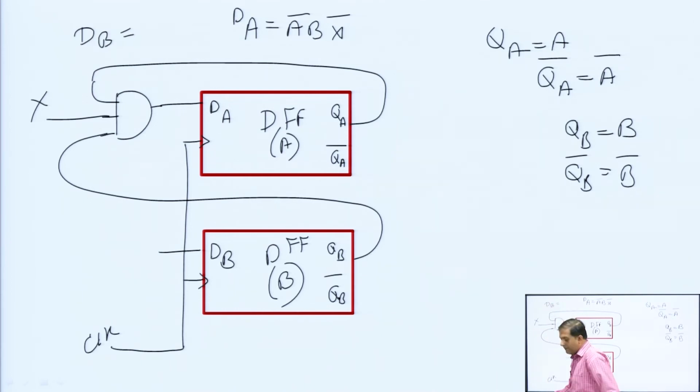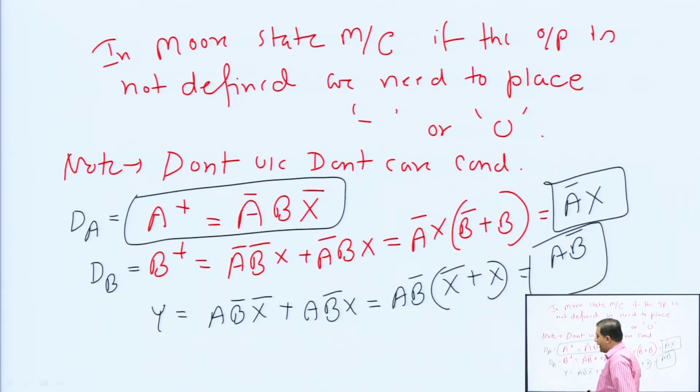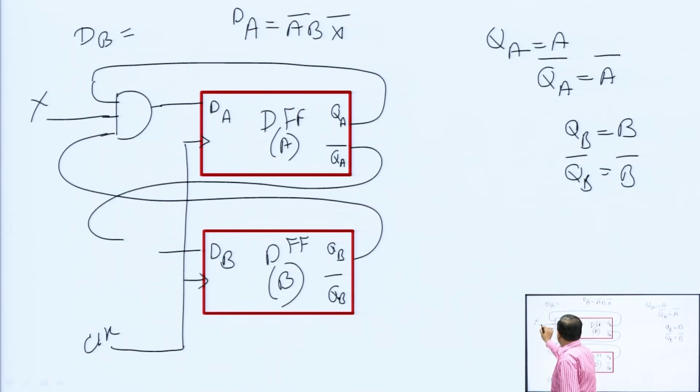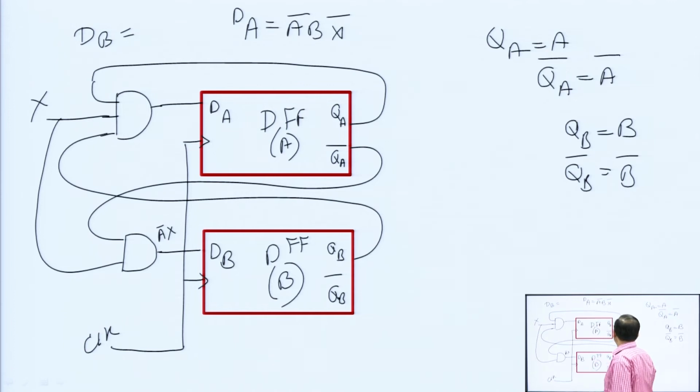Then what is D B? D B is given by A bar x, means this is A bar and this is x, then AND gate, this is A bar x. Got it.